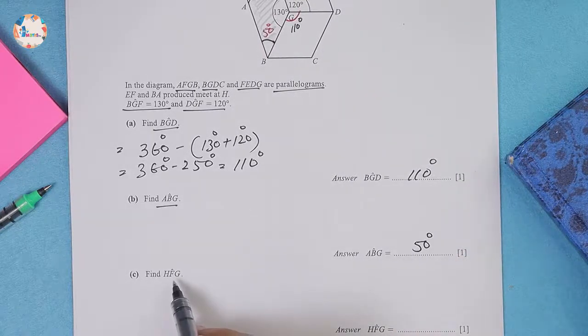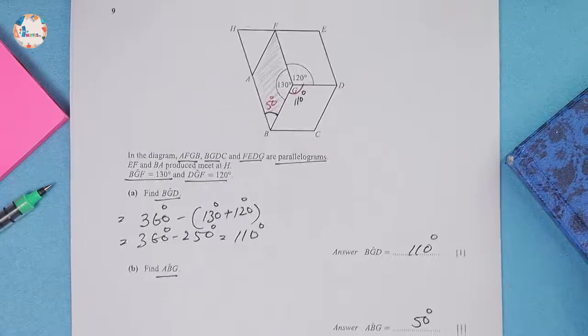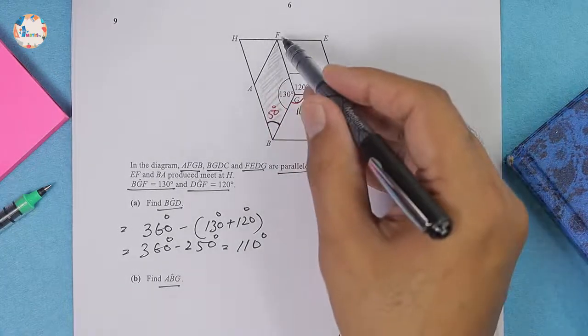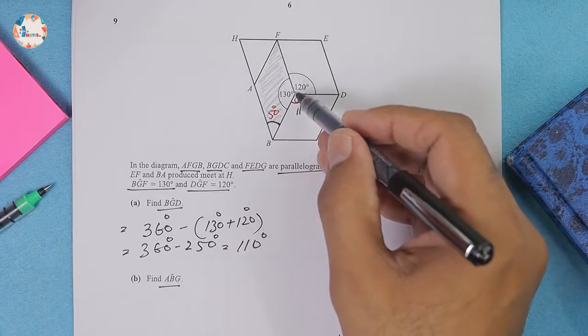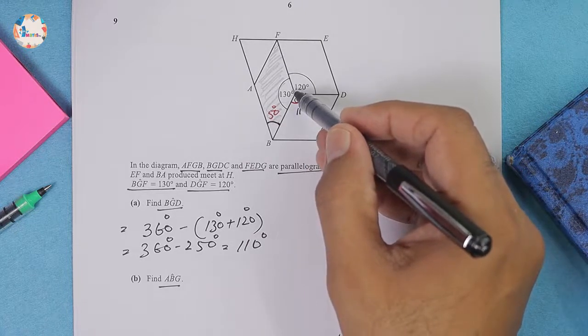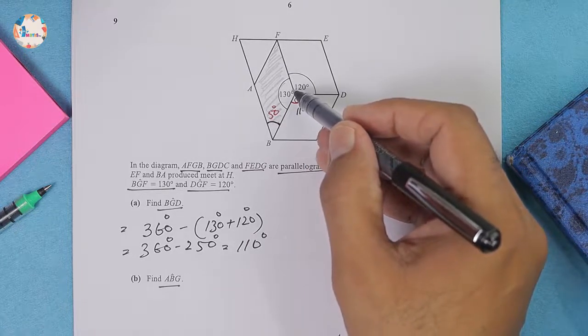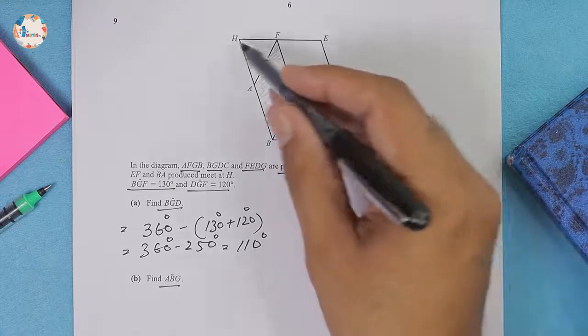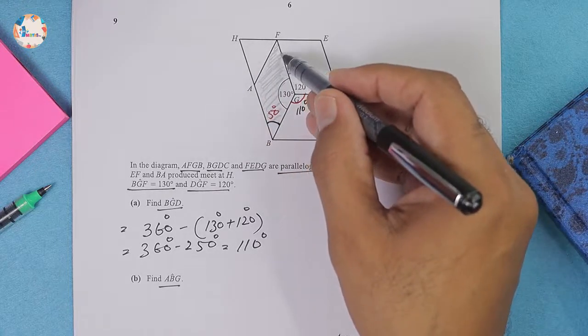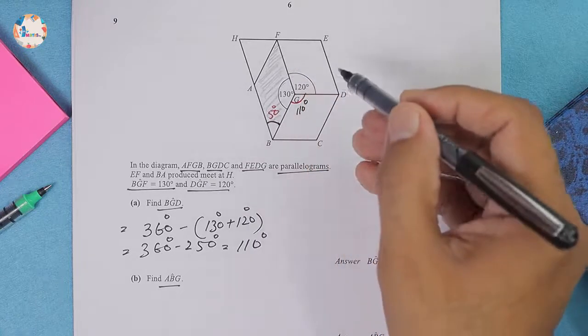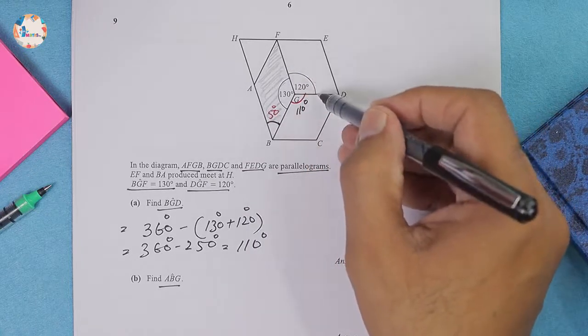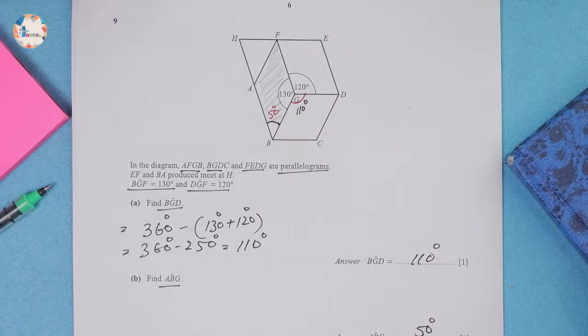Then HFG, this angle. This is 50 and these two lines are parallel to each other.